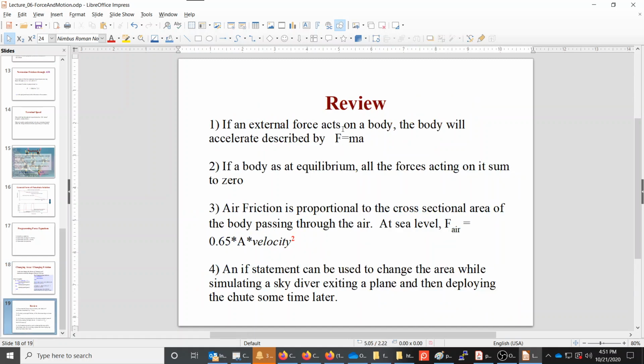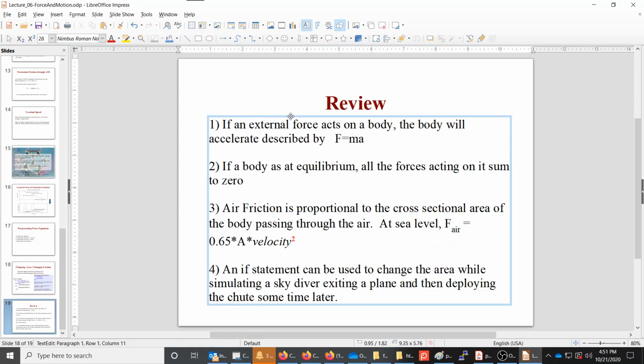All right, if you look in the book, they have this example. They just have a simpler example of them just jumping out and opening the parachute. So we added a little bit more to the overall homework assignment here. But remember that the forces are equal to the mass times the acceleration.